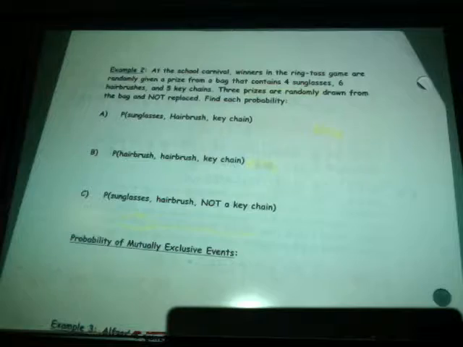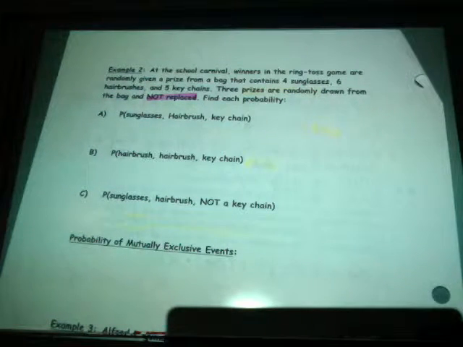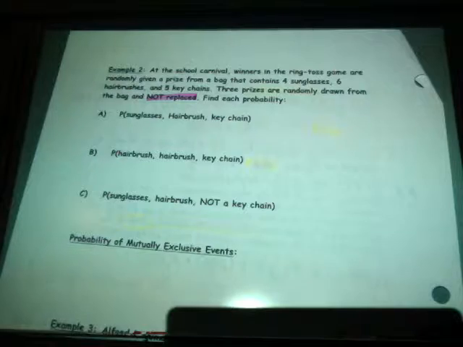Very exciting. 3 prizes are randomly drawn from the bag and not replaced. So there's the important word. The fact that it's not replaced means that it's dependent events. So you have to find each probability. How many total items are in the prize bag? 4 sunglasses, 6 hairbrushes, and 5 keychains. How many total? So there are 15 total items.